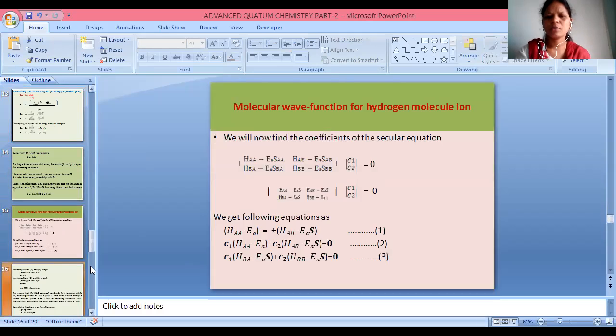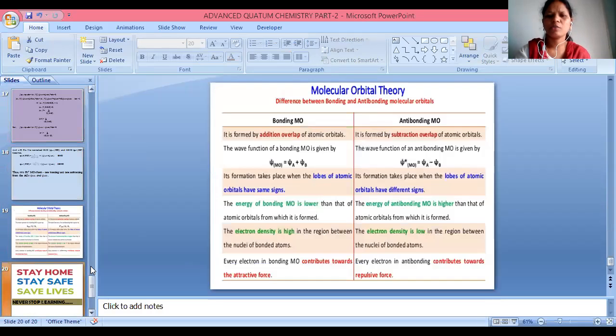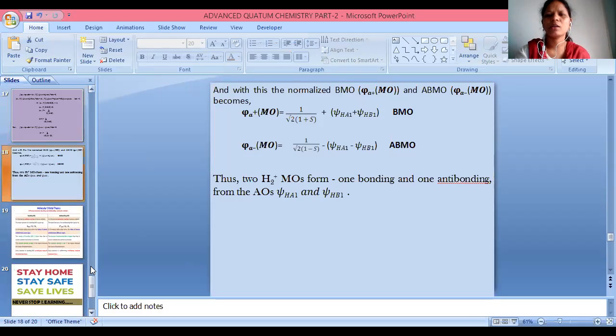Similarly, for the corresponding molecular wave functions, due to constructive and destructive overlapping, you will get two molecular orbitals: one is the bonding molecular orbital, another is the anti-bonding molecular orbital.